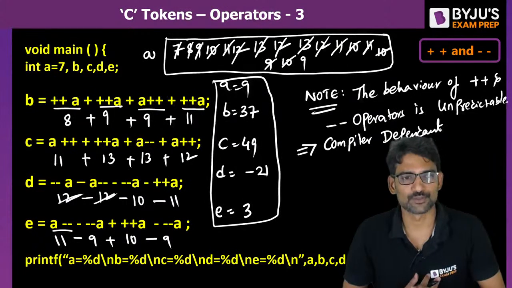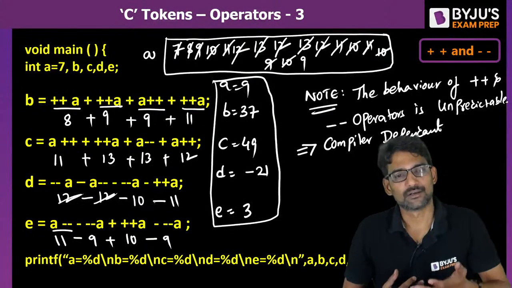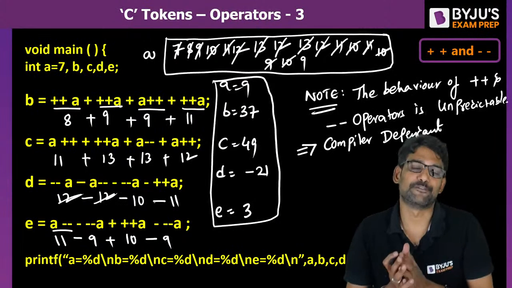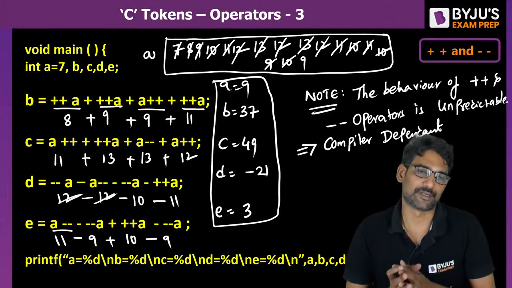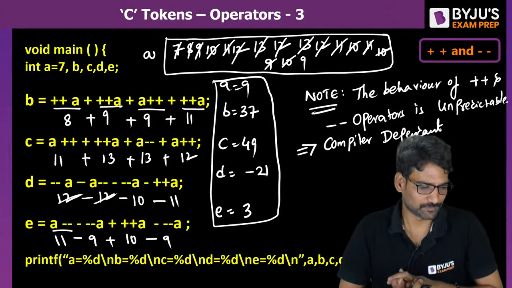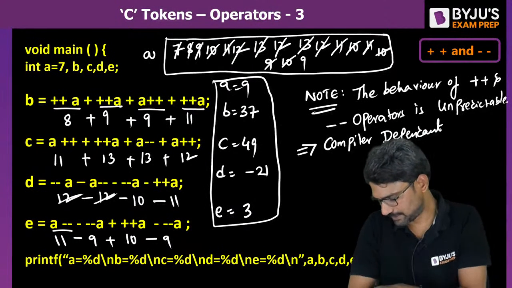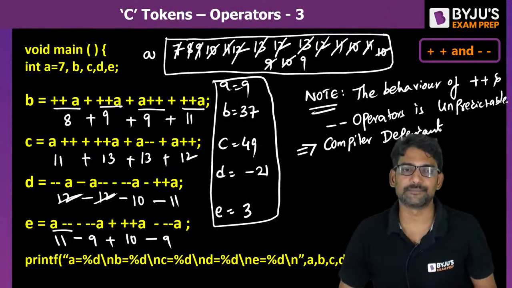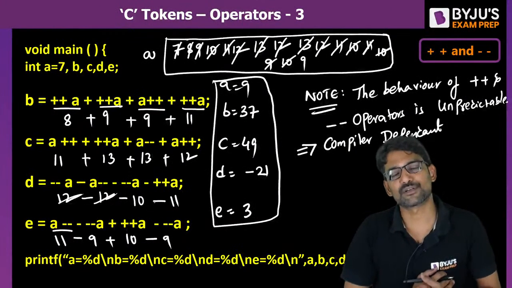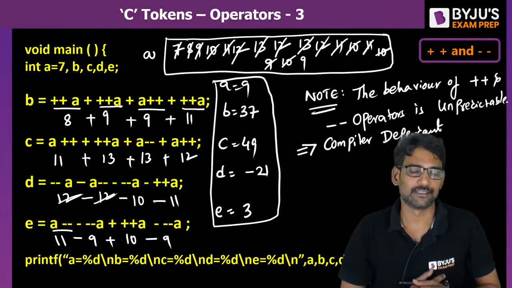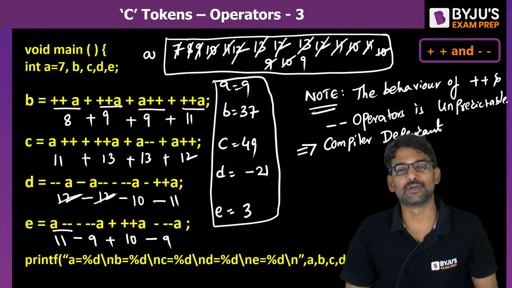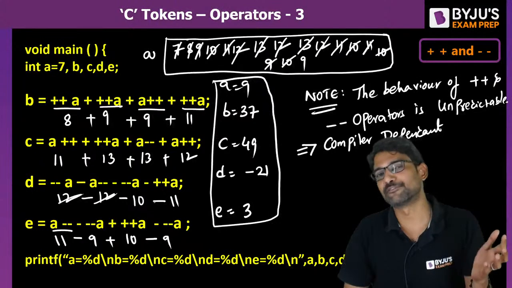So the value we are getting could be different. That is the reason why in the GATE exam we don't get such questions, with multiple pre and post operators in the same expression, because the perspective could be different from one to another.